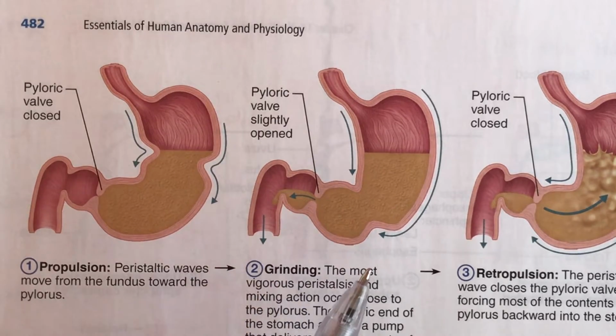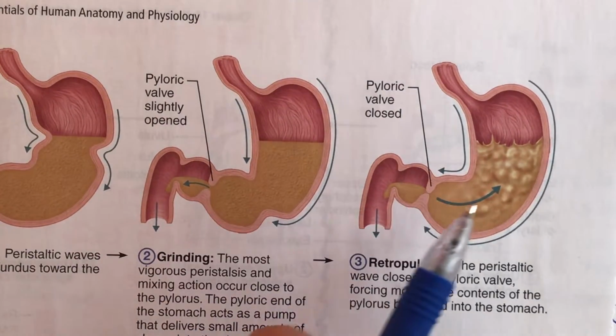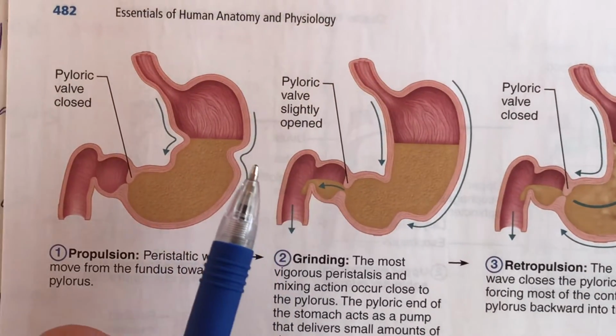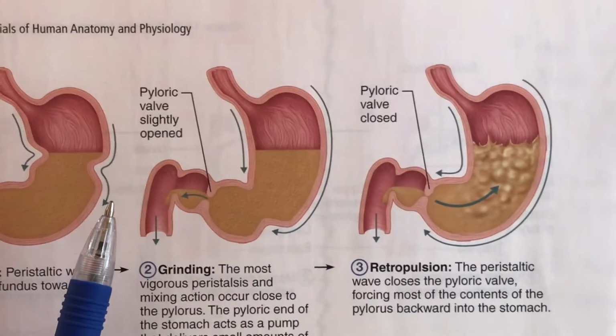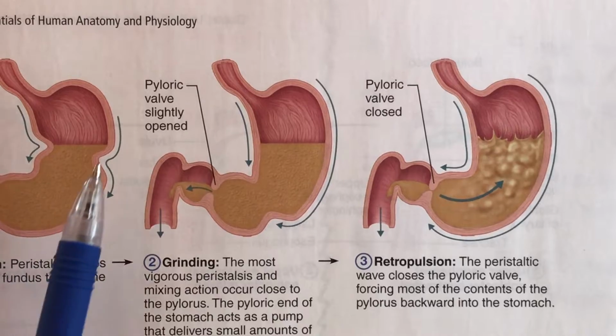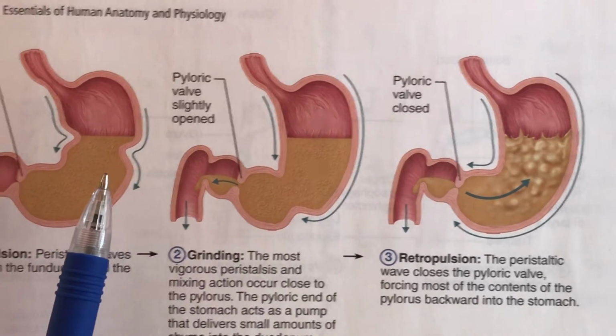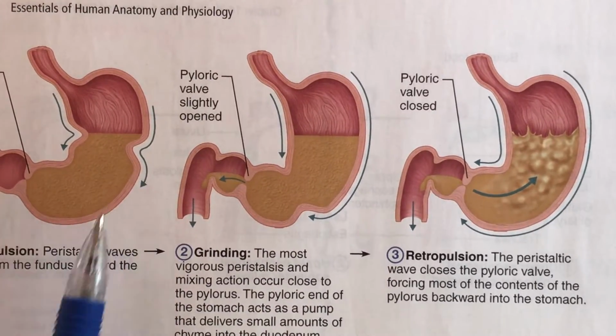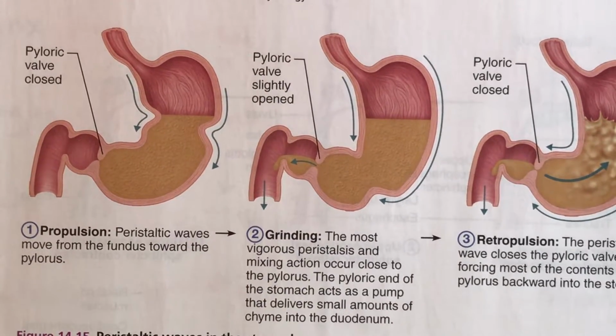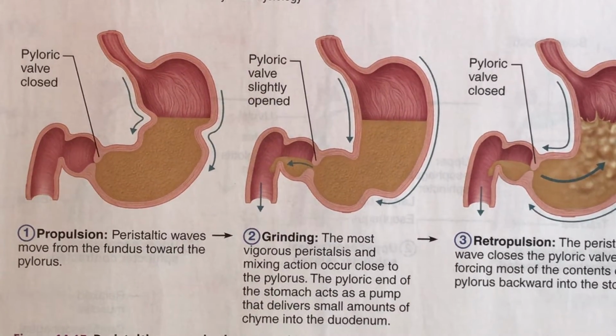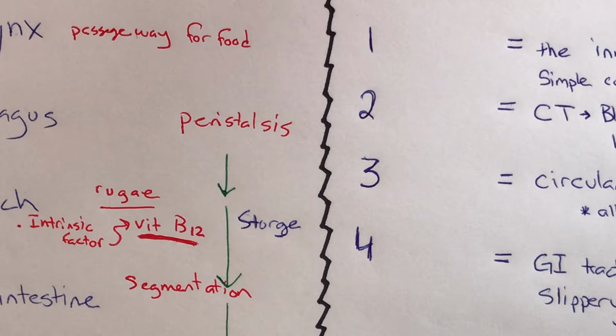And then finally we have retropulsion, which is the food moving back. So we have propulsion, grinding, retropulsion. I want you to be familiar with those three terms. That is occurring in the stomach.